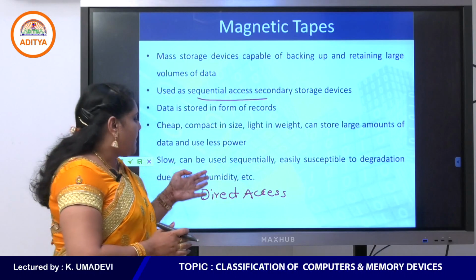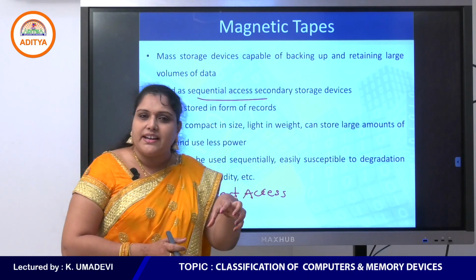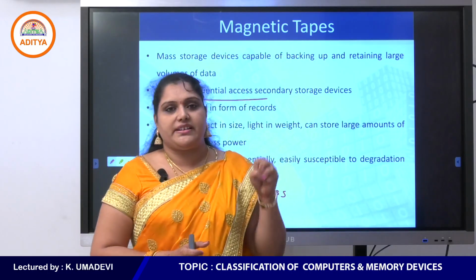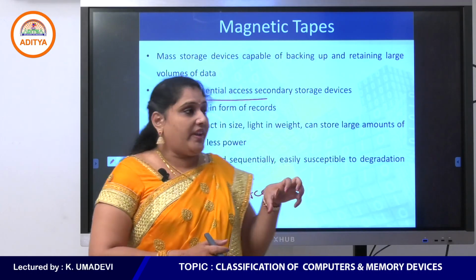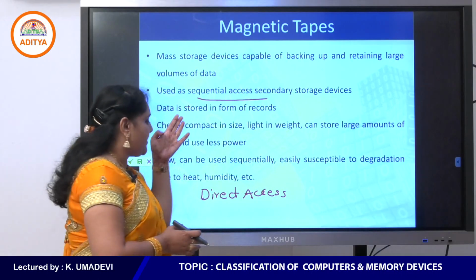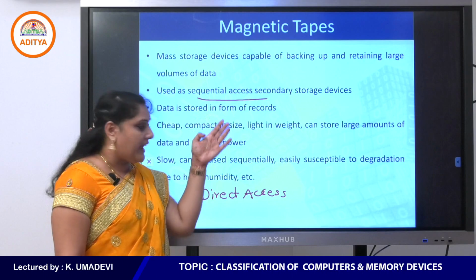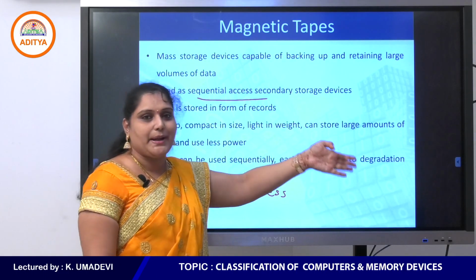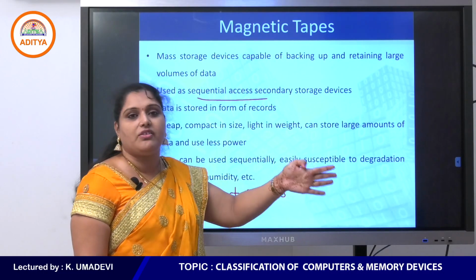What about direct access? If the device is a direct access secondary storage device, it will randomly pick the required data and directly store the data where the memory is available. So that is the difference between sequential access and direct access. Direct access follows random order, whereas sequential access follows serial order.